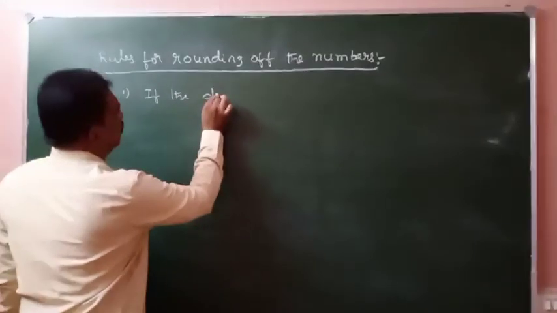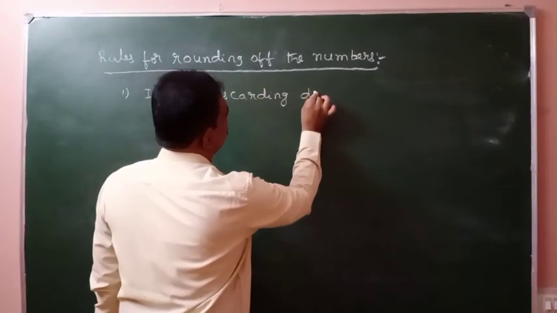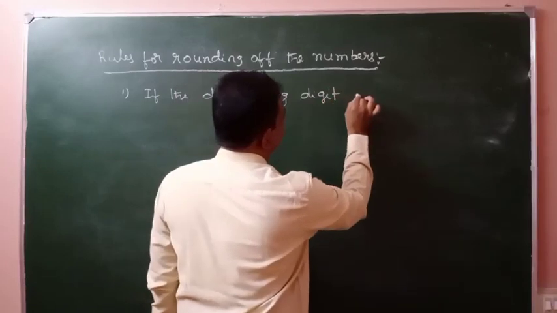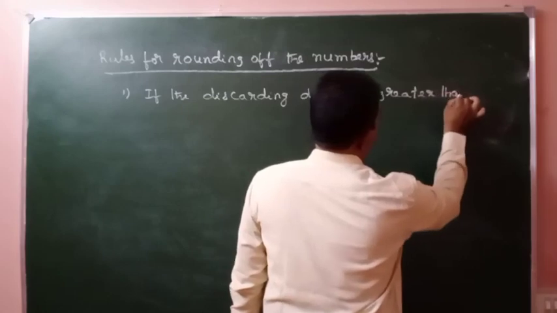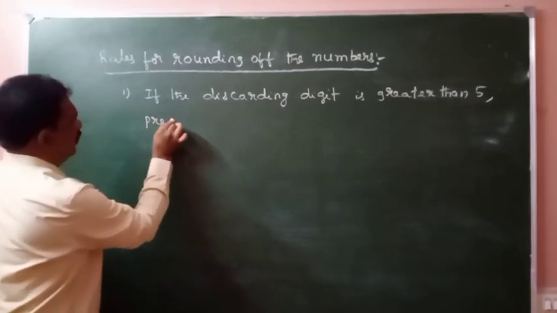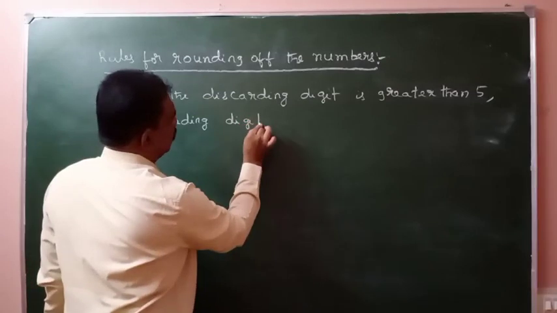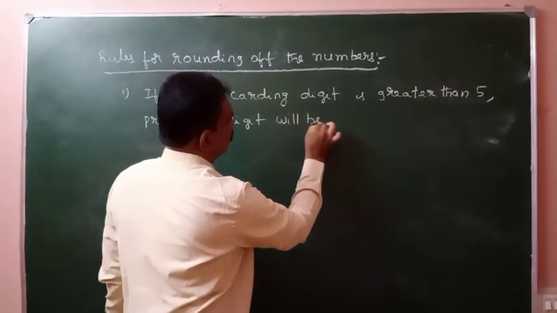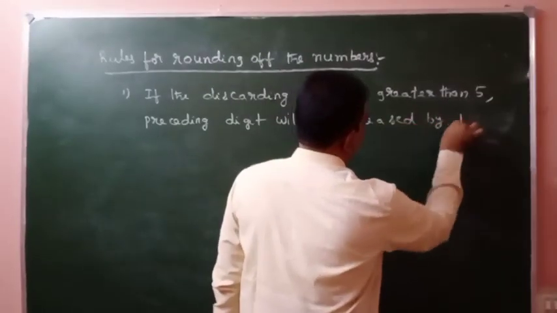Write those rules. What are they? If the discarding digit is greater than 5, preceding digit will be increased by 1.